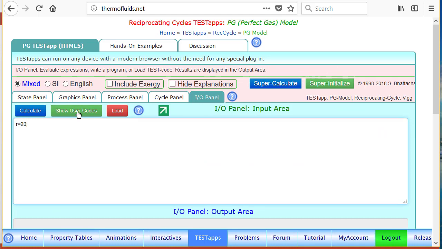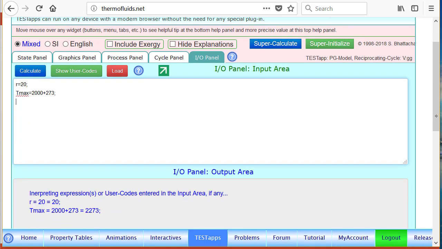This is our volumetric compression ratio, and T max. Maximum temperature is given as 2000 degrees Celsius, but we better convert that to Kelvin. SI units are always used in the IO panel. Okay, so if you click calculate, it registers these values.